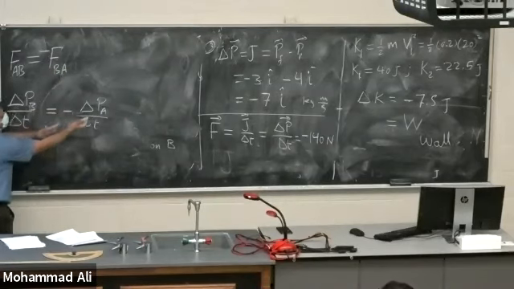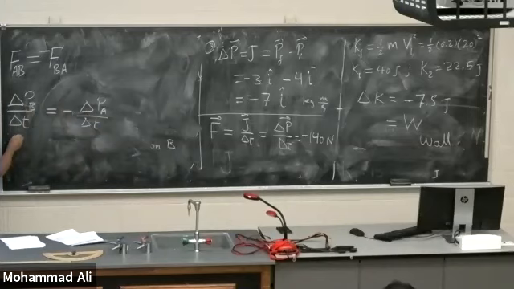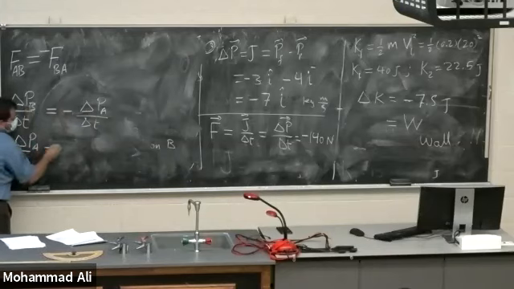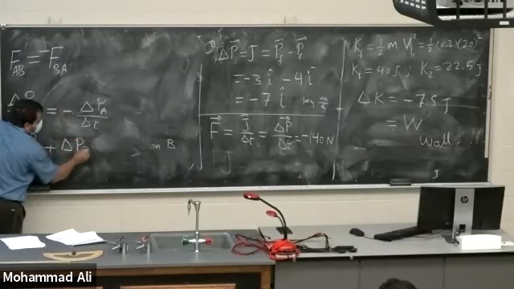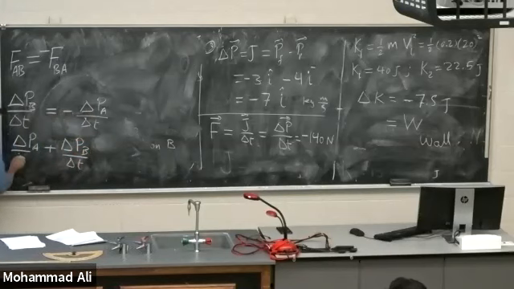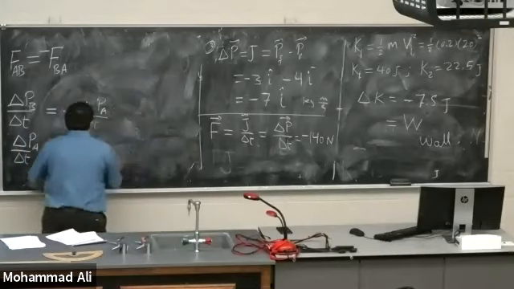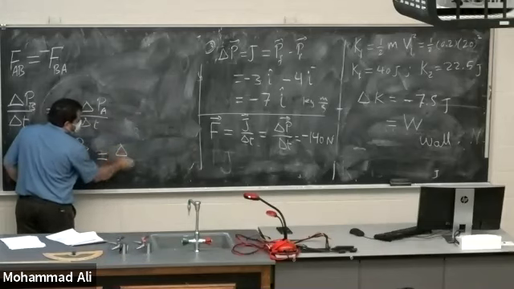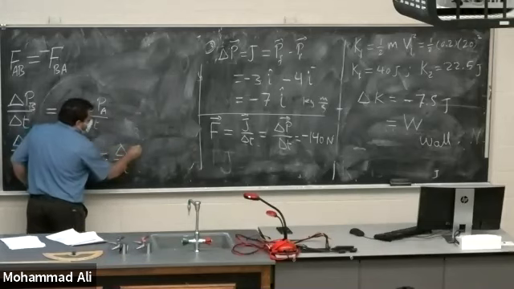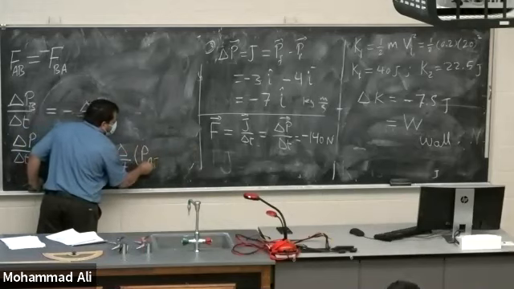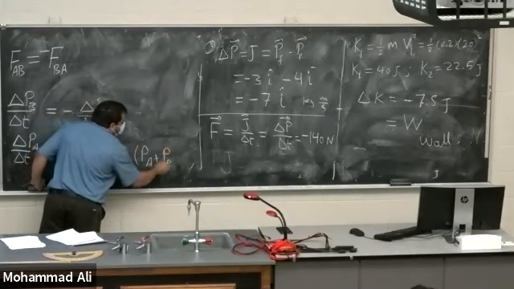If we move this one to this side, delta P_A will be positive, plus delta P_B, over delta T. We have delta over delta T in common, we can take it outside. It's P_A plus P_B.